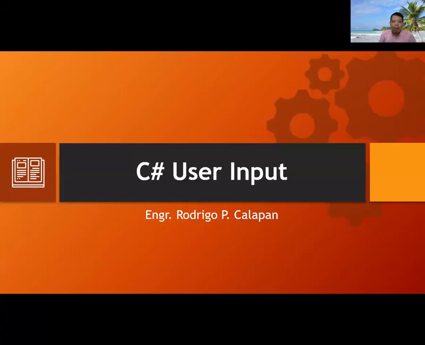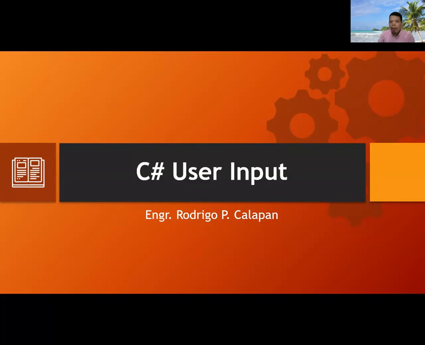So this time we will be getting to know C# user input. We will be discussing how we are going to get user input. I know you have already learned about the Console.WriteLine method that is used to output, to print, or to display values in our output pane.